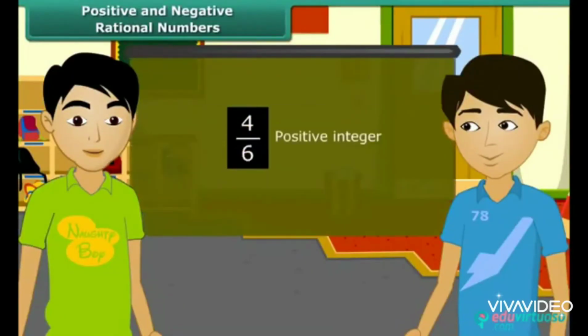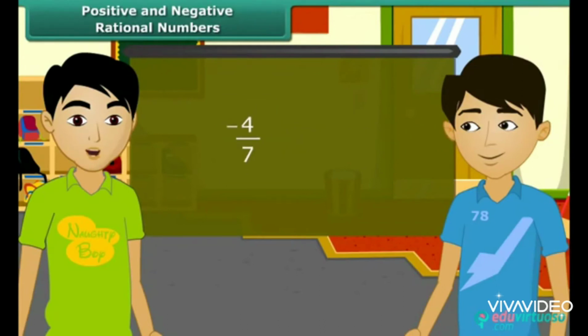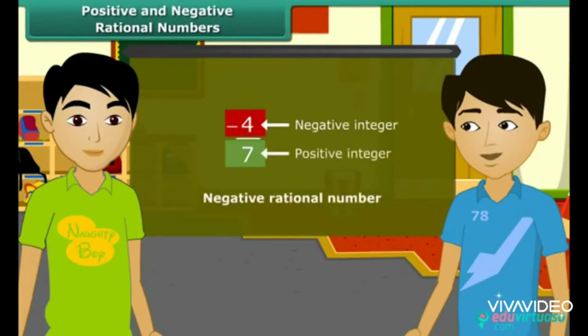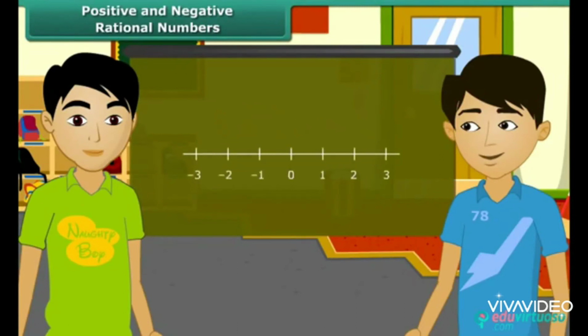Now let us see what positive and negative rational numbers are. 4 upon 6 is a positive rational number because the numerator and denominator are positive, but a negative rational number is where the numerator is negative and the denominator is positive. It can also be expressed on the number line.